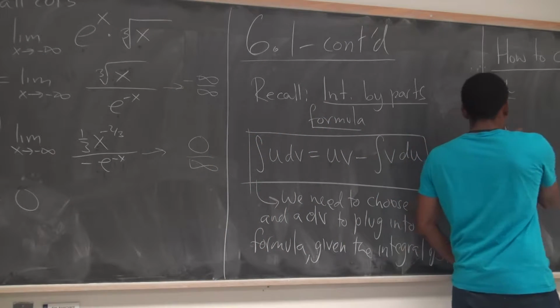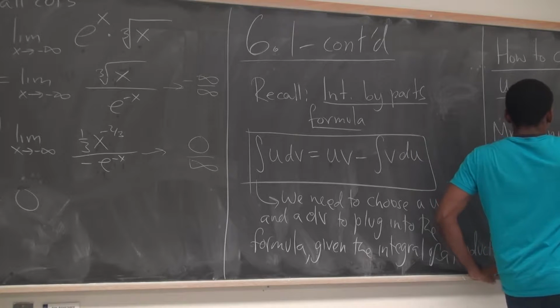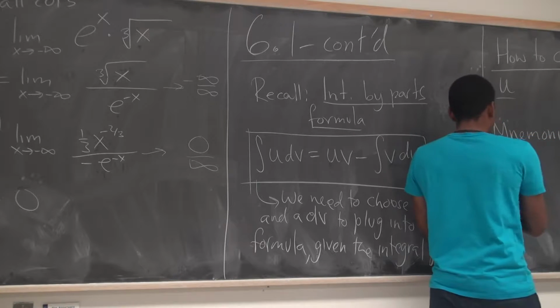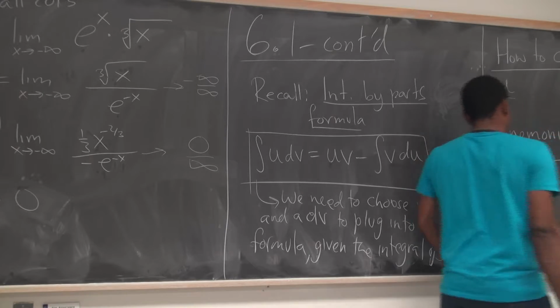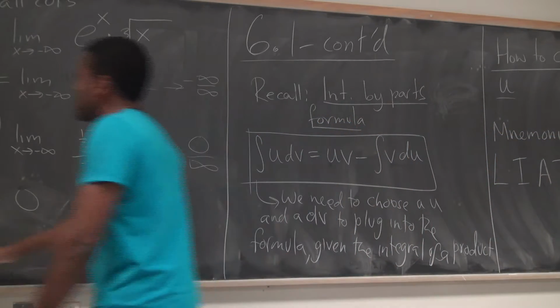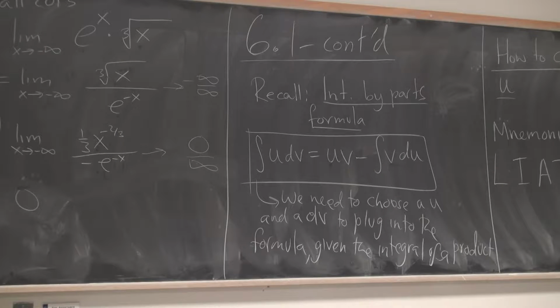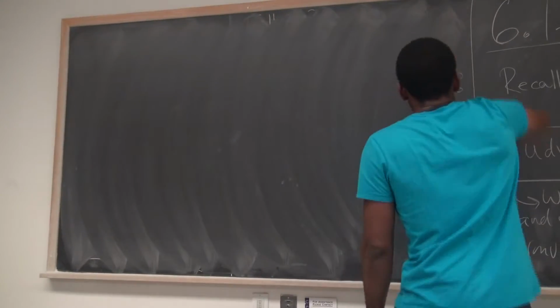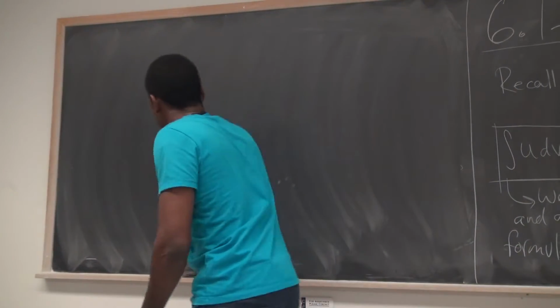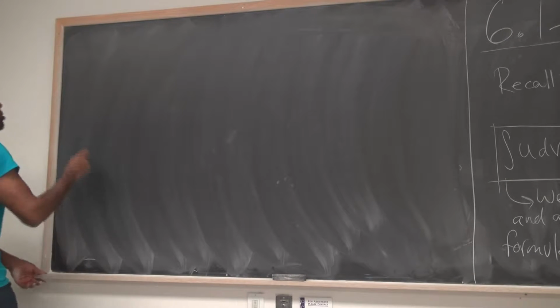There's a mnemonic. It's called LIATE. Like a latte, only fancier. So it's called LIATE, and here's what it means. It's sort of like SOHCAHTOA, it's just an acronym for something. So here's what LIATE means.